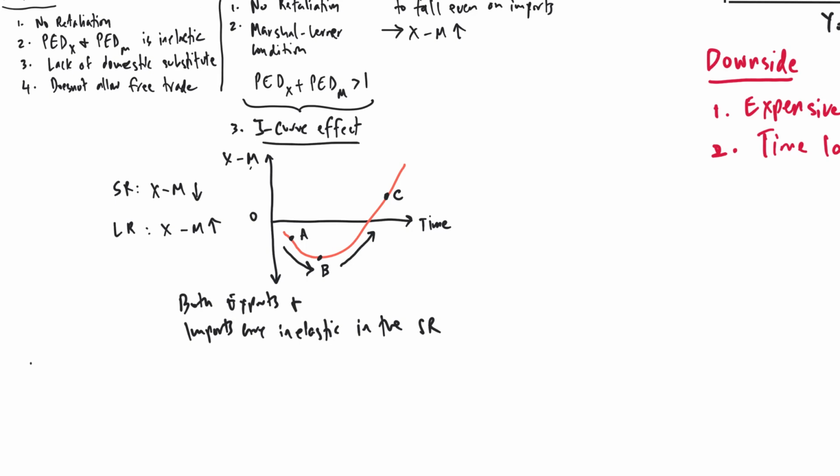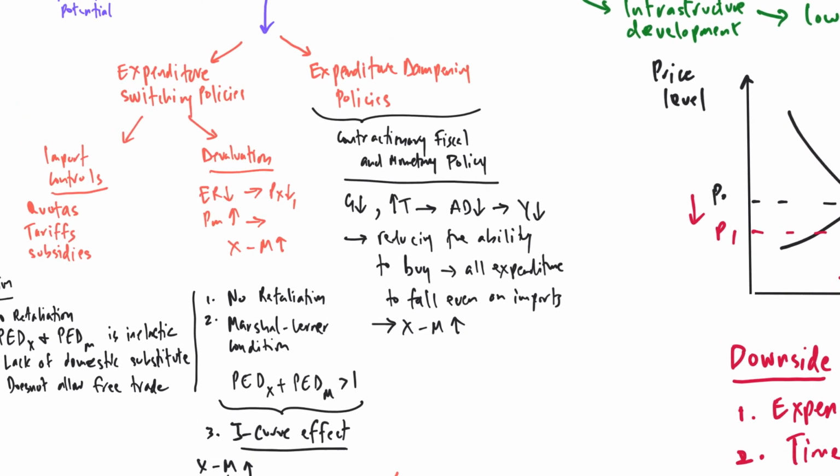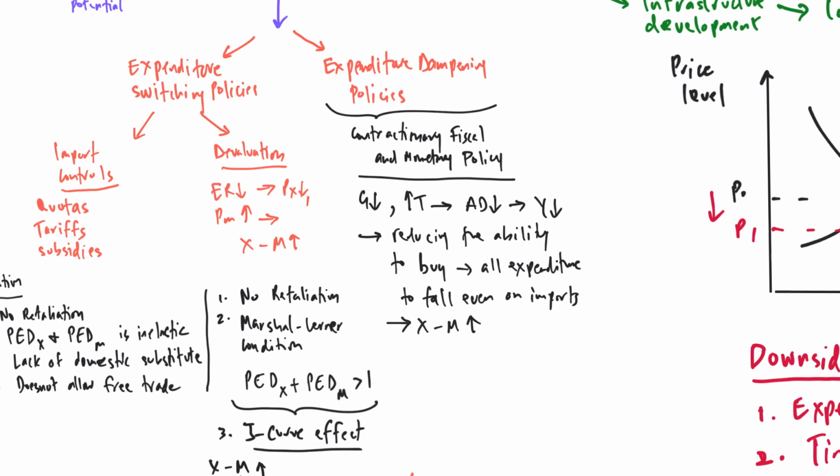Moving on to the contractionary fiscal and monetary policy, or expenditure-dampening policy, we've already done the evaluation of that, where we said that these policies are recessionary in nature. They can result in AD falling and therefore unemployment.